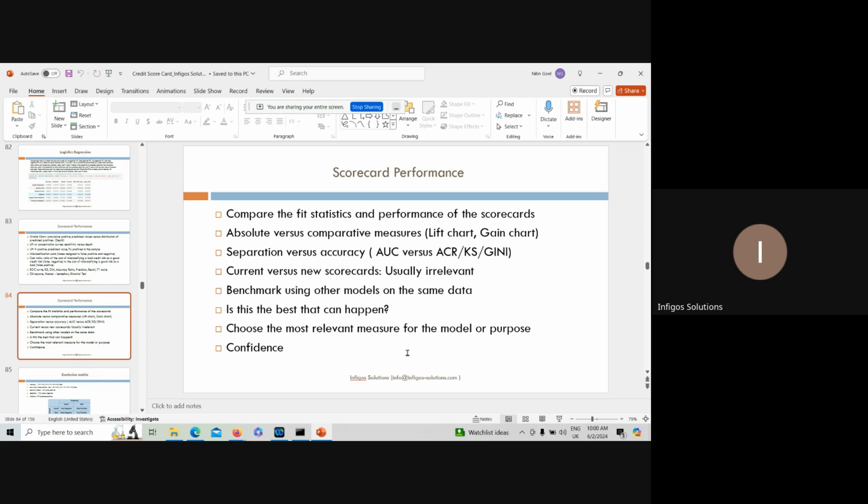The challenge here is whether you want to improve the accuracy or the separation, which means AUC or ACR. AUC is all about discrimination between good and bad. Accuracy is about the total number of events predicted correctly plus the total number of non-events predicted correctly.